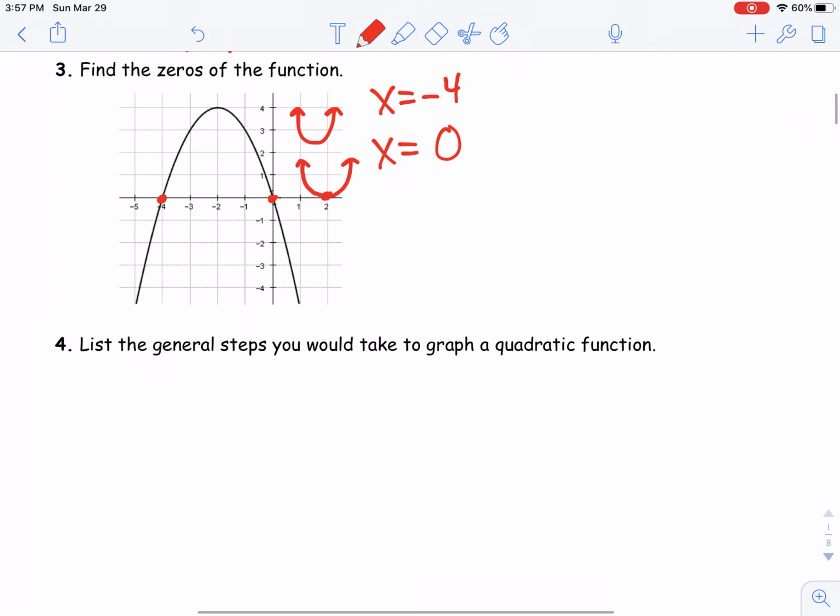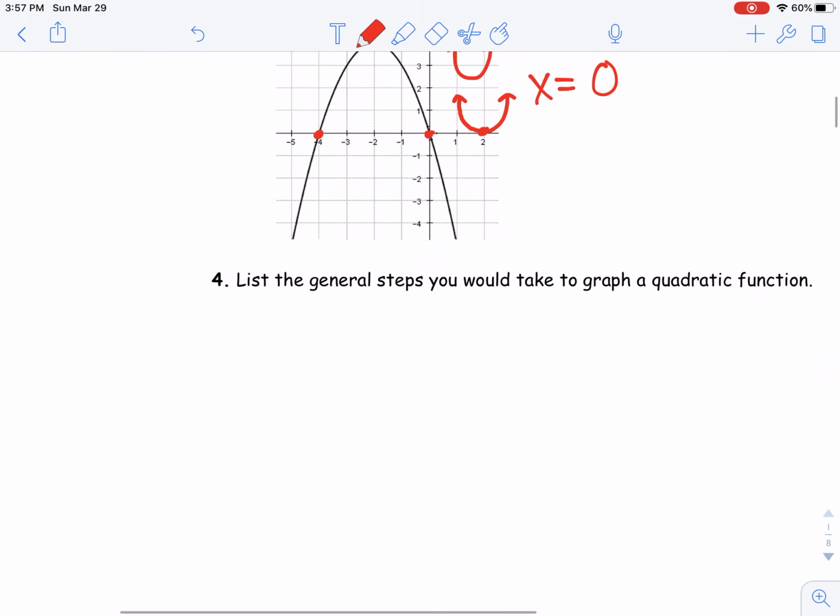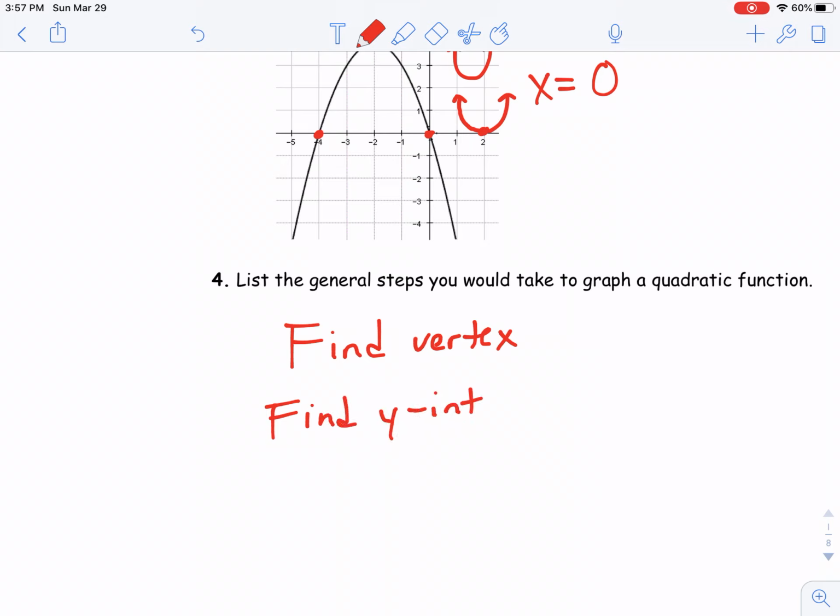List the general steps you would take to graph a quadratic function. The first thing you would do is find the vertex, which everyone should be very well versed in by now. Find the vertex. You want to also find the y-intercept. And then you want to find a couple additional points. And then you just reflect everything.